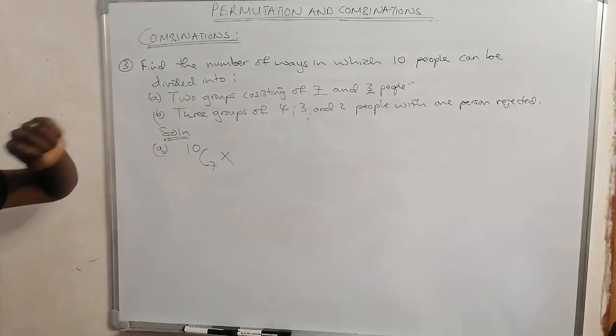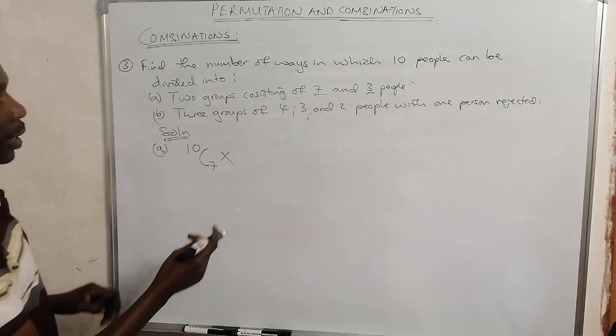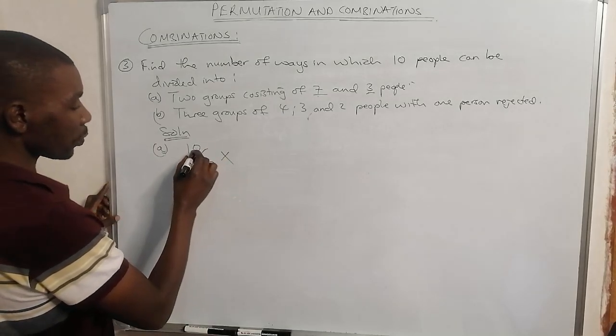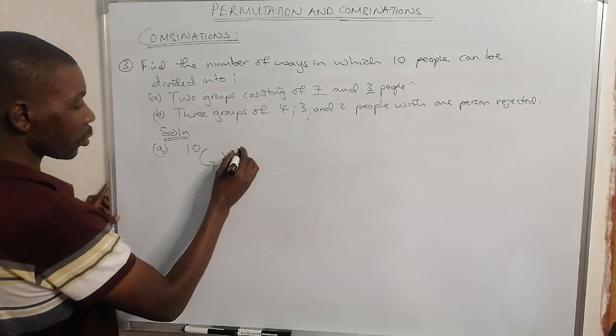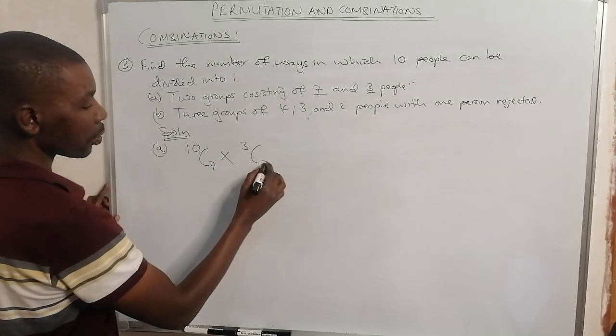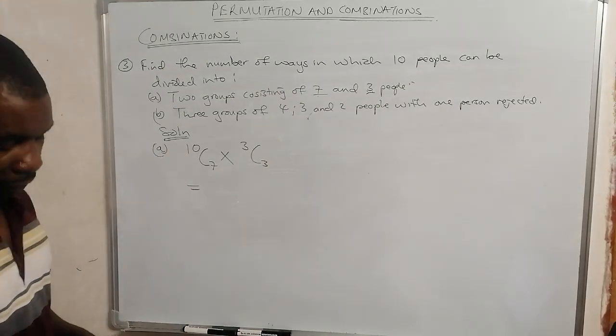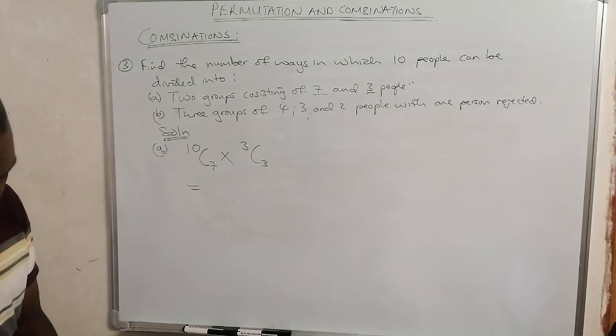If we say 10 minus 7, how many do we have remaining? We have 3 remaining. Choose 3, which is equal to 10 choose 7 times 3 choose 3.